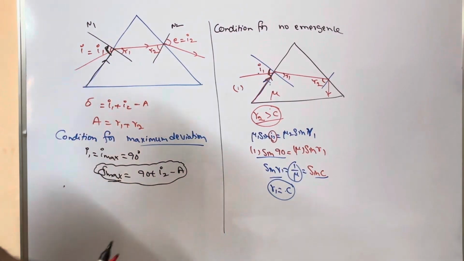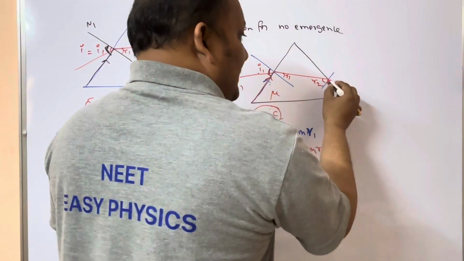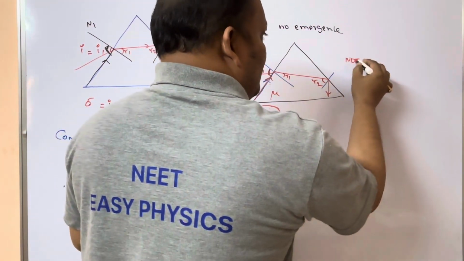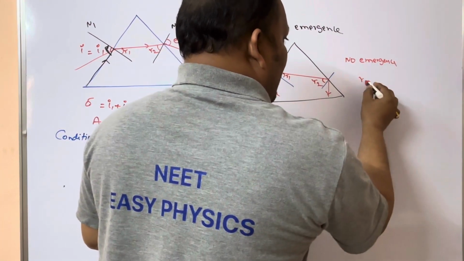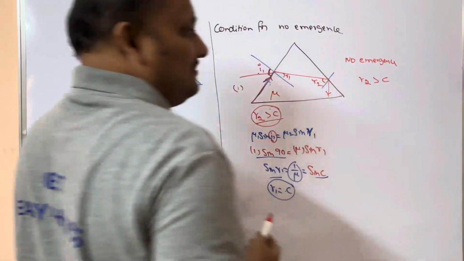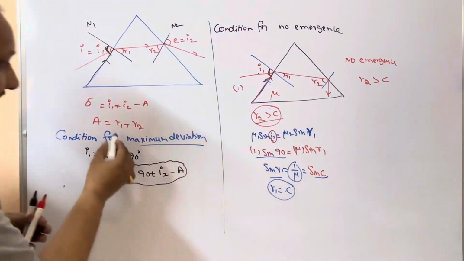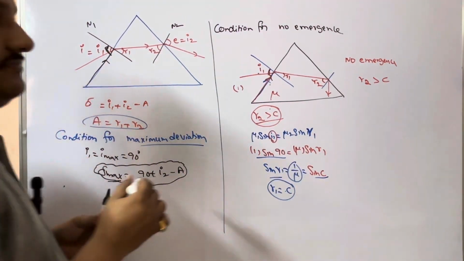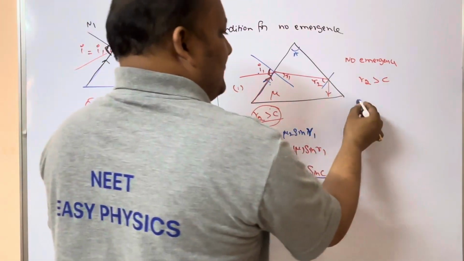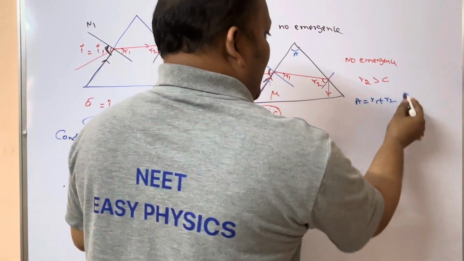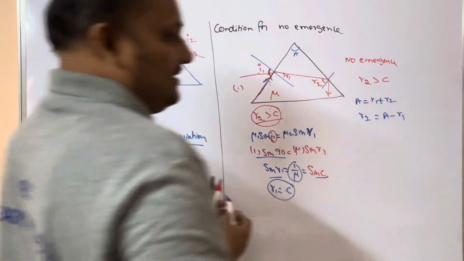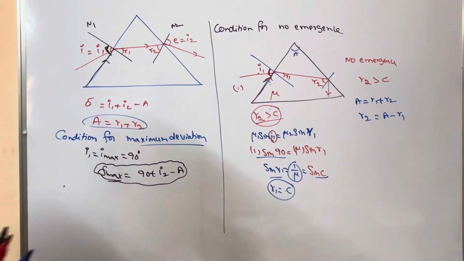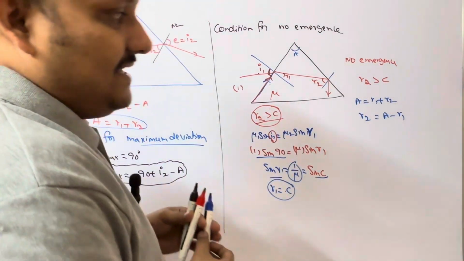Correct? Next, here we got the condition to get no emergence. For no emergence, R2 should be greater than C. We already have A equal to R1 plus R2, and they will give the angle of the prism. So R2 is equal to A minus R1.